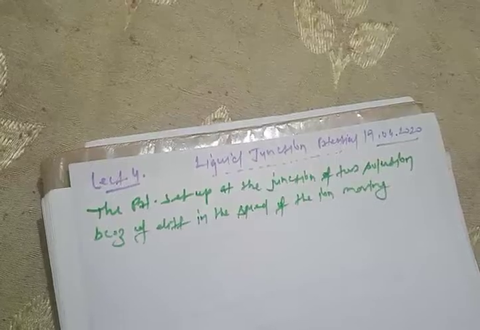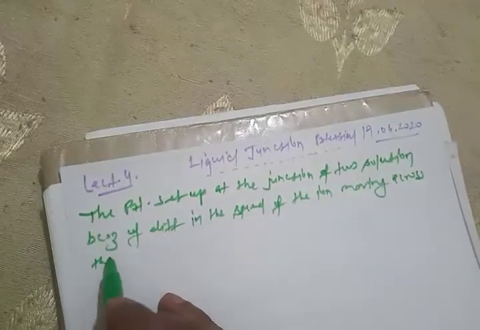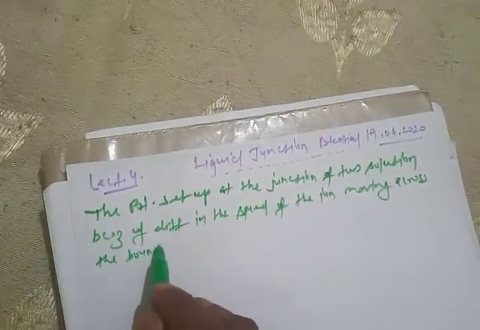We had discussed several things in this regard. Across the boundary, moving ions across the boundary. This is the definition of liquid junction potential.